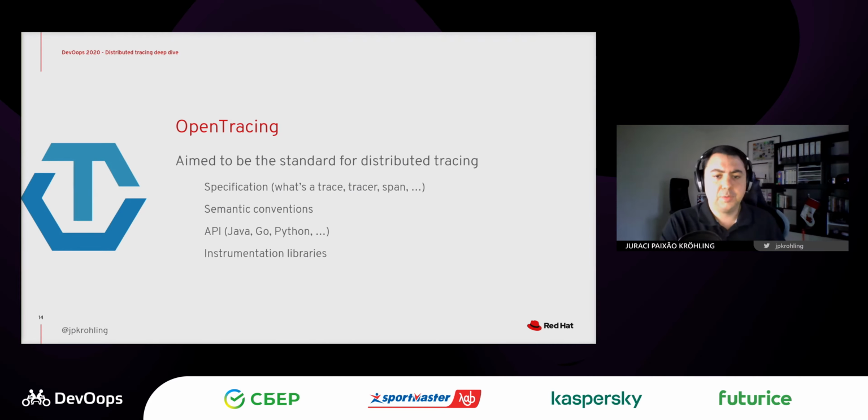And the third deliverable from OpenTracing was a set of APIs. An API for Java, one API for Go, Python, and so on and so forth. So this is a library that people consume, and they can use this API to instrument their application, both for instrumenting libraries and for instrumenting your business applications.